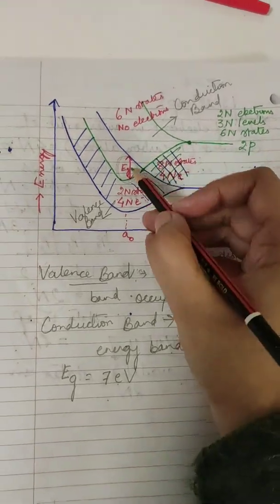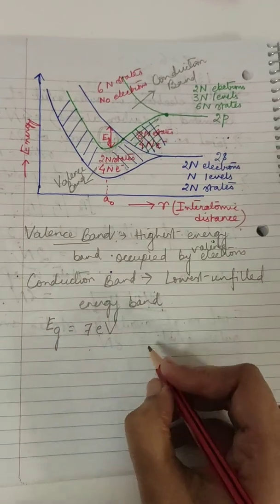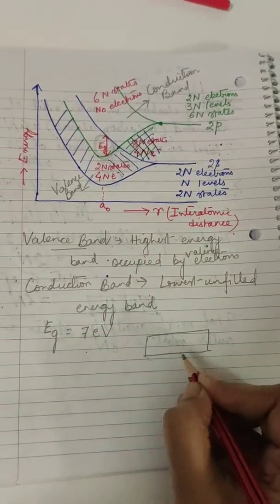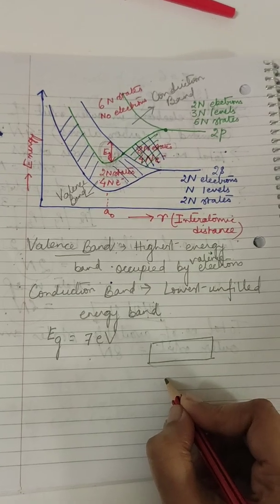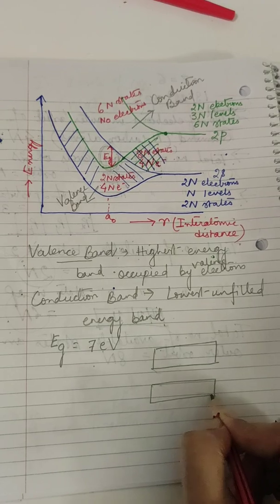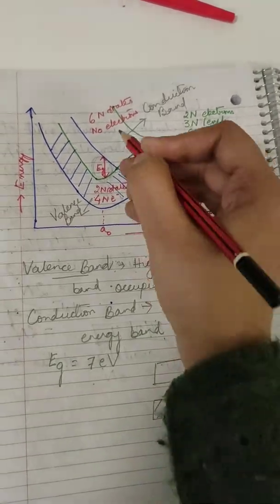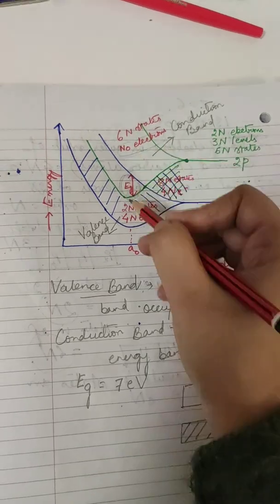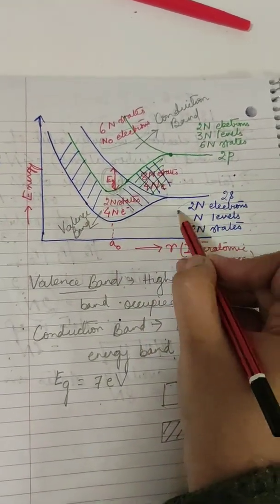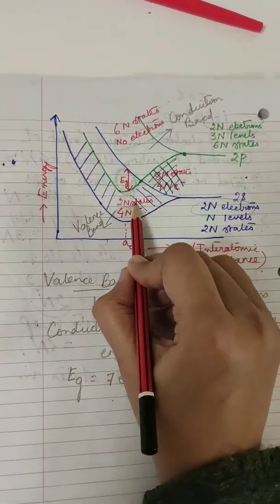Now if I draw the 2s and 2p bands, the 2s band is completely filled, and the 2p band has no electrons, as all the 4n electrons, the 2n and 2n electrons, have come and joined the lower energy band.